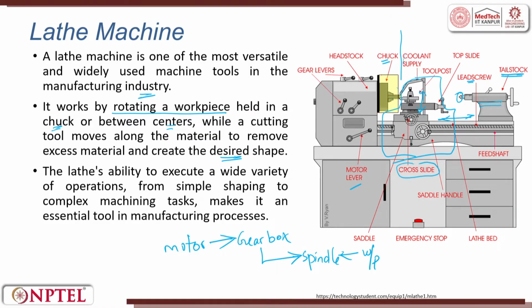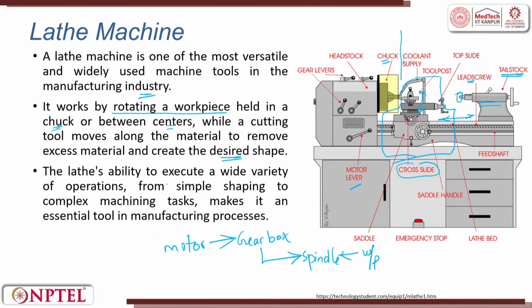The cutting tool can move in this direction or perpendicular to the feed direction. It can go like this or like this, or you can have a combination of these, then you get a taper. The lathe's ability is to execute a wide variety of operations, from simple shaping to complex machining tasks. If you can control both the axes manually, you can make complex surfaces.